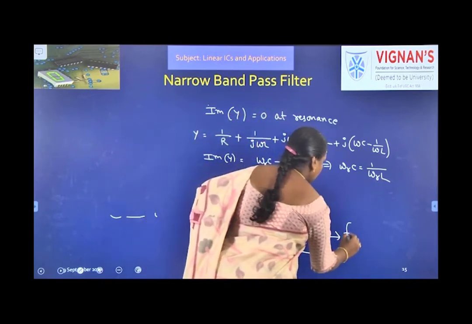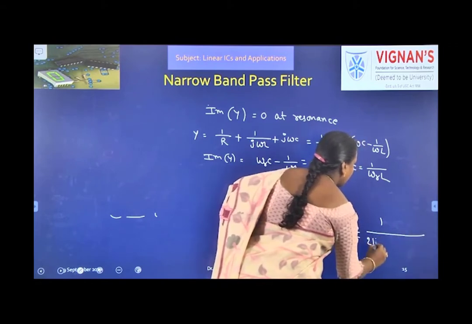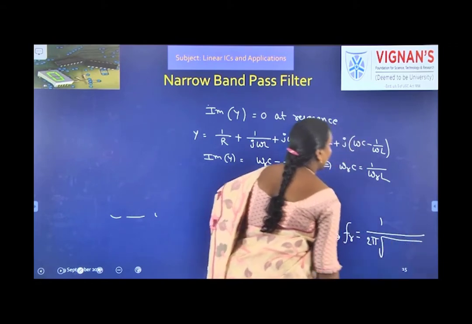So FR equal to 1 by 2 pi root, what is L?